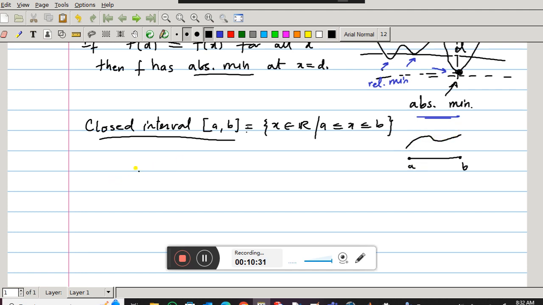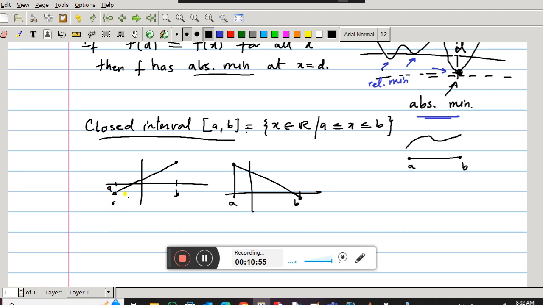So now you see, if your function from a to b is a straight line like that, then the endpoints become maxima and minima, right? This is the minima, this is the maxima, right? Or if it comes down like this, now this endpoint becomes the minima, this endpoint becomes the maxima, right?